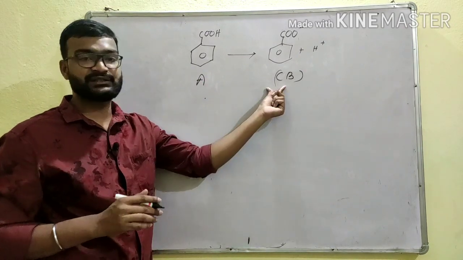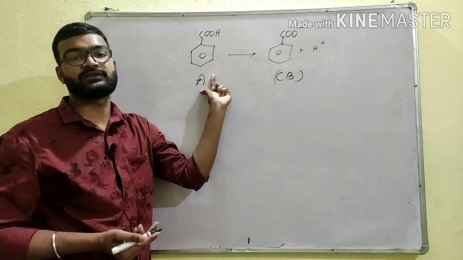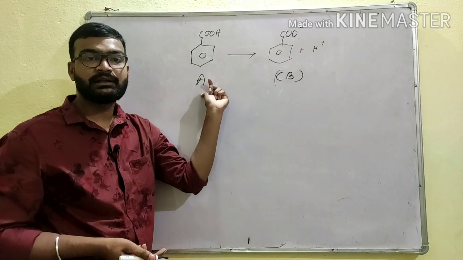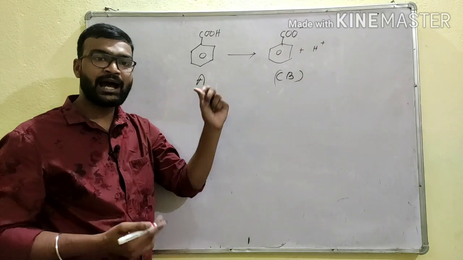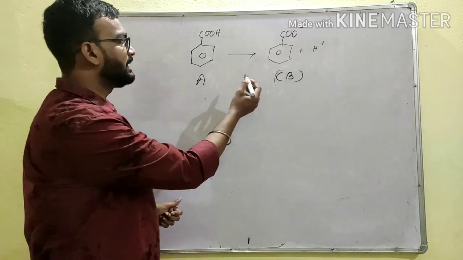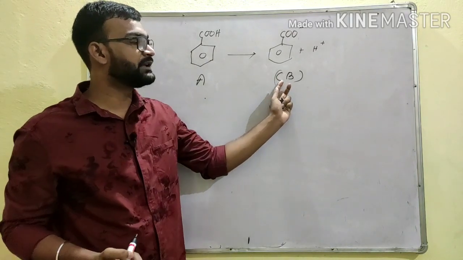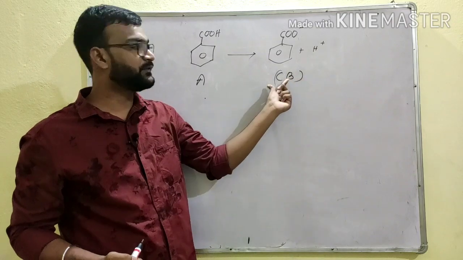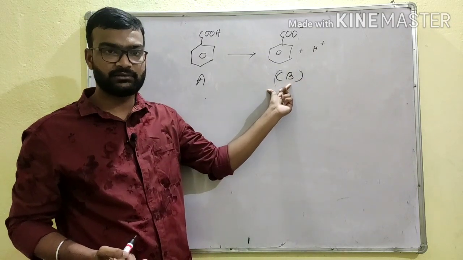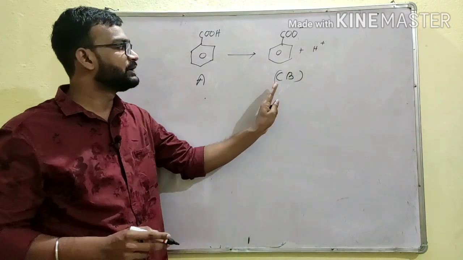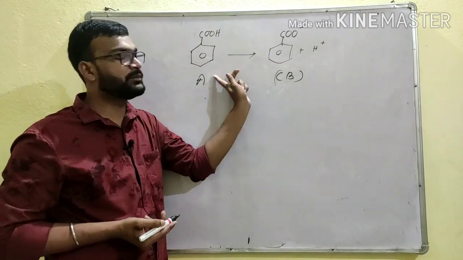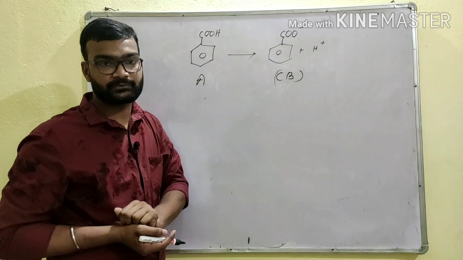If the conjugate base is more stable, the given substance is more acidic. If it is less stable, it is going to be less acidic. Because if the stability of the conjugate base is more, then the acid will try to give H plus and form the conjugate base. So if the stability of the conjugate base is high, the acidity of that acid will be high.